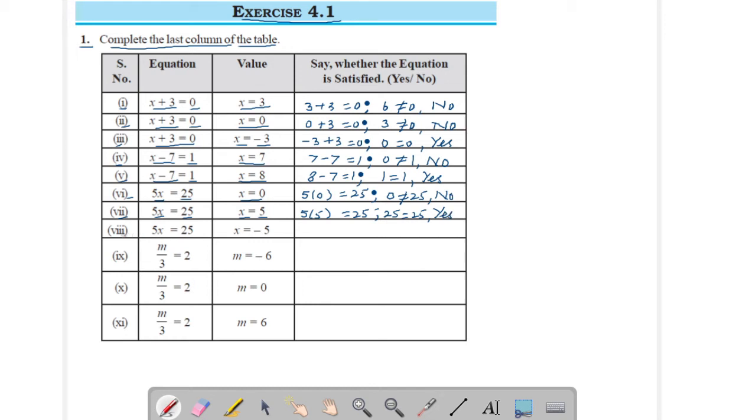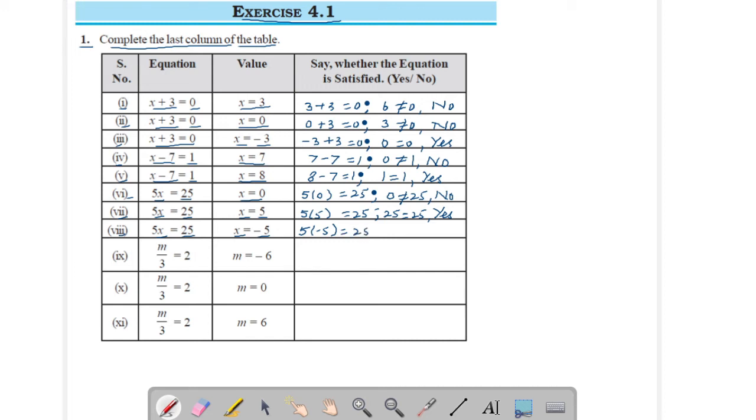Now come to eighth part. 5x = 25. Here x = minus 5. Here replace x by minus 5. What will you get? 5(minus 5) = 25.